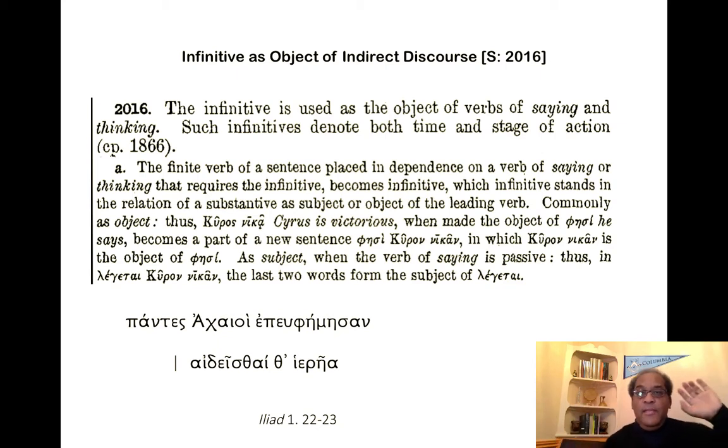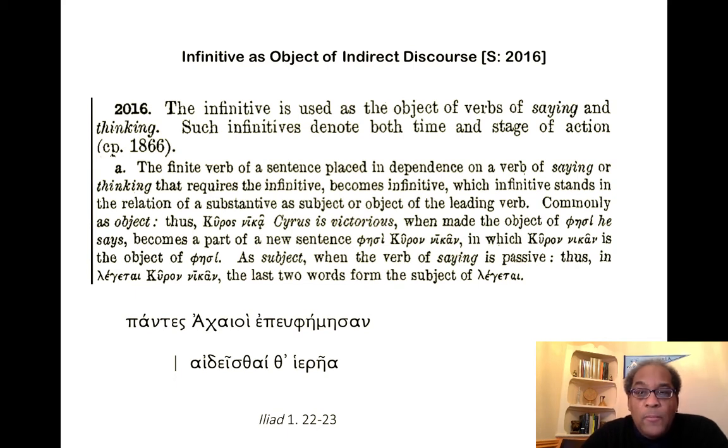So you have the infinitive in indirect discourse, and then this whole slew of other usages not in indirect discourse. So, Smyth 2016: The infinitive is used as the object of verbs of saying and thinking. Such infinitives denote both time and stage of action.